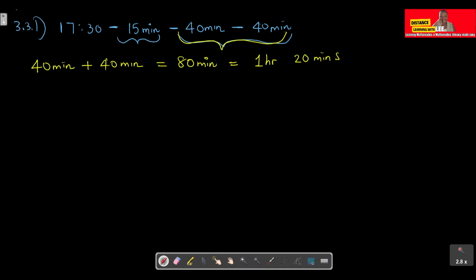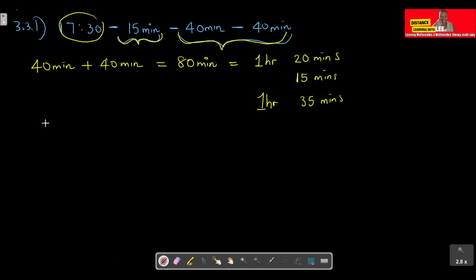Then you also want to subtract 15 minutes to that 20 minutes. So in total I'm subtracting 1 hour and 35 minutes from this 17:30.